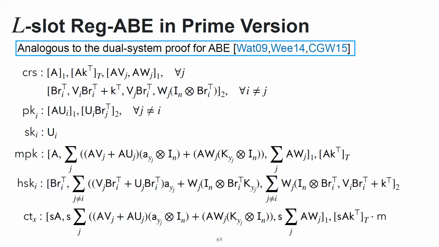To prove its security, we need a dual system technique for standard ABE in the proof. In fact, we view hyperkey as a secret key in standard ABE. And since the aggregation is deterministic, we actually deal with the CRS in the real proof.